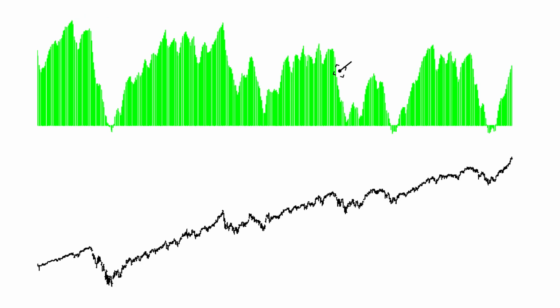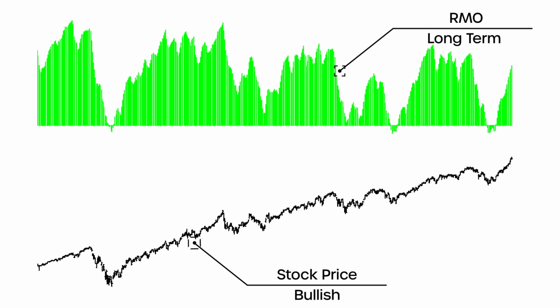In this chart, the green histogram is the RMO indicator. As you know, the RMO indicator will smooth out short-term gyrations. As you can see, most of the time, the RMO has given a clear signal of a long-term bullish trend.